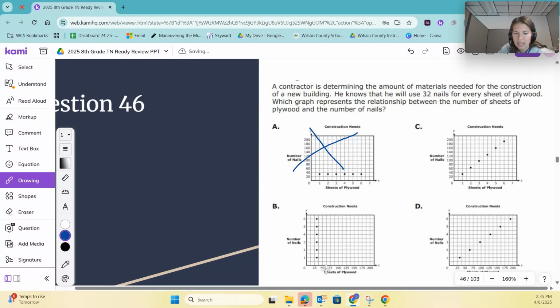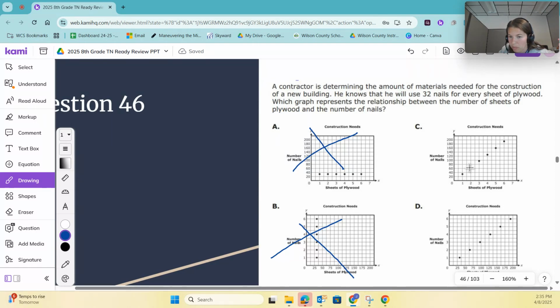That would make for a very unstable situation. Okay. B here says the sheets of plywood are at 32 for one nail. That better be one really big, strong nail if that's going to make any sense at all. All right, so make sure you pay attention to the axes and what they're labeled and what the numbers would mean in those situations. Let's take a look at C. This one says one sheet of plywood is about 32 nails.